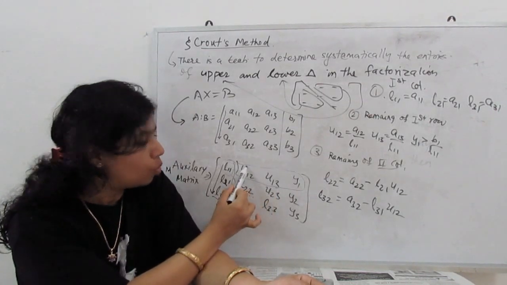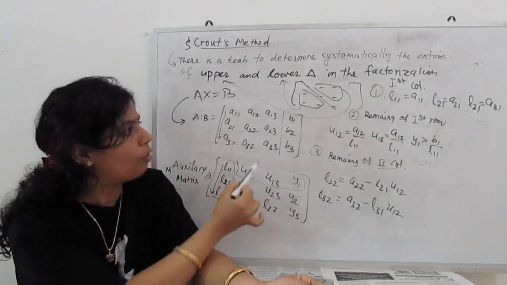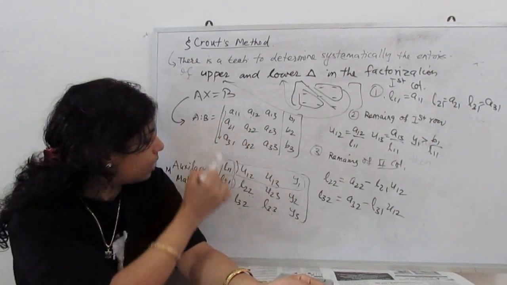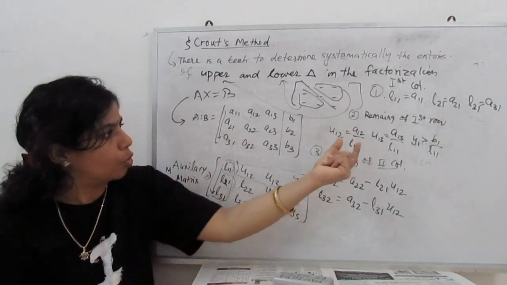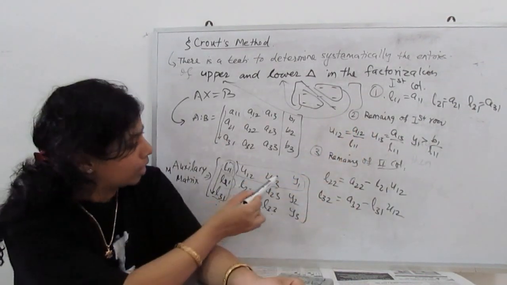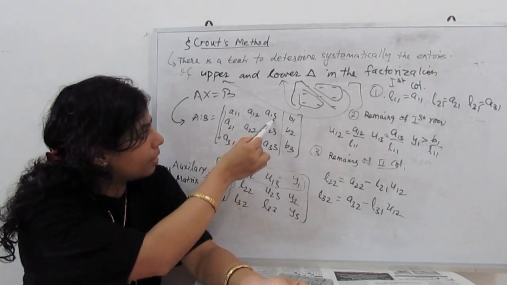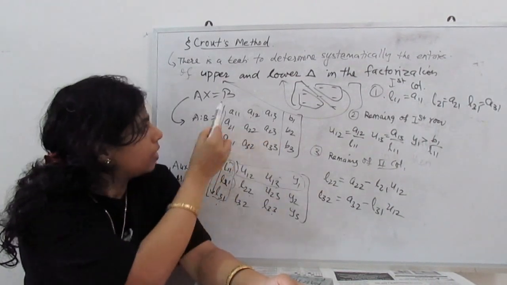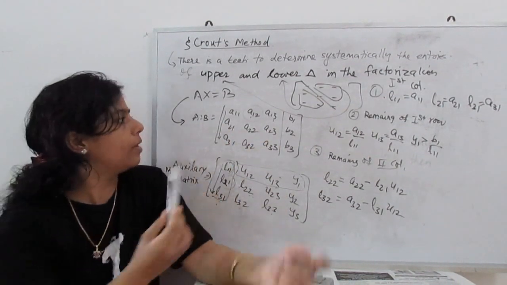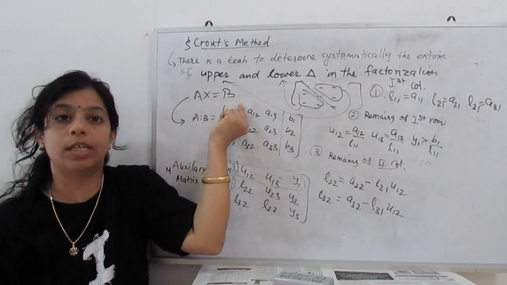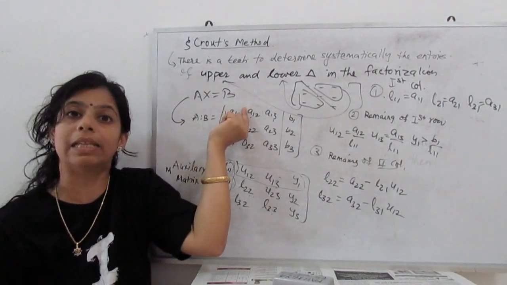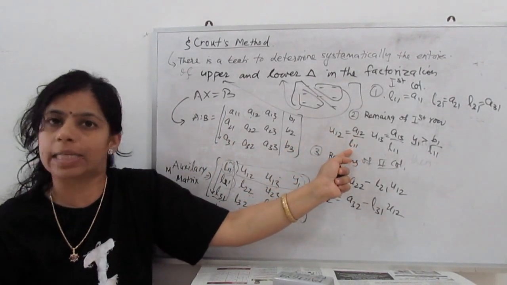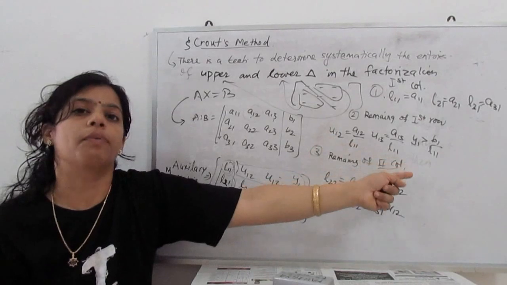U12 is found with the help of a12 divided by L11, U13 is a13 divided by L11, and y1 is b1 divided by L11. Because the first element L11 is always the same as a11, we can divide with either a11 or L11. So this is the first row.